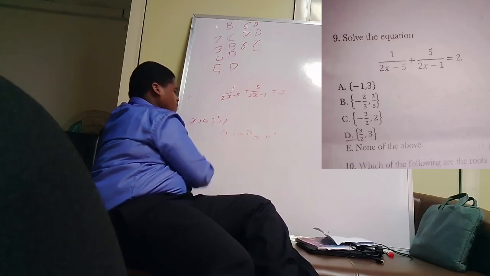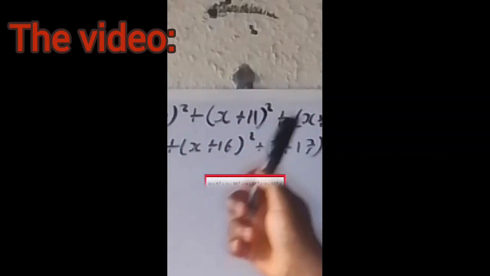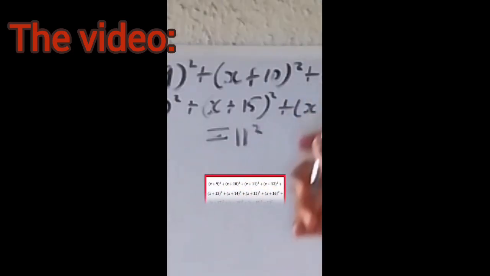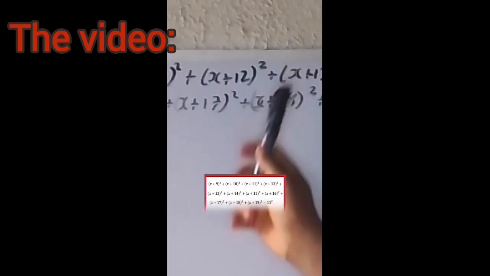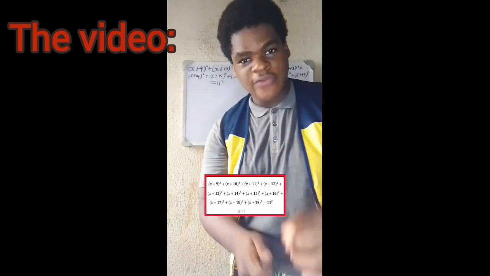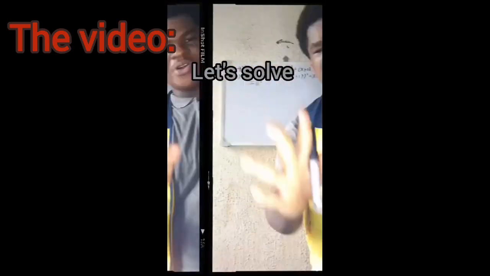If you have seen this video, can you find the value of x if you are given x plus 9 all squared plus x plus 10 all squared plus x plus 11 all squared plus x plus 12 all squared plus x plus 13 all squared plus x plus 14 all squared plus x plus 15 all squared plus x plus 16 all squared plus x plus 17 all squared plus x plus 18 all squared plus x plus 19 all squared is equal to 11 squared? Can you solve for x? I believe you can. If you want to try it out, pause this video and we solve it in 3, 2, 1. Let's go.